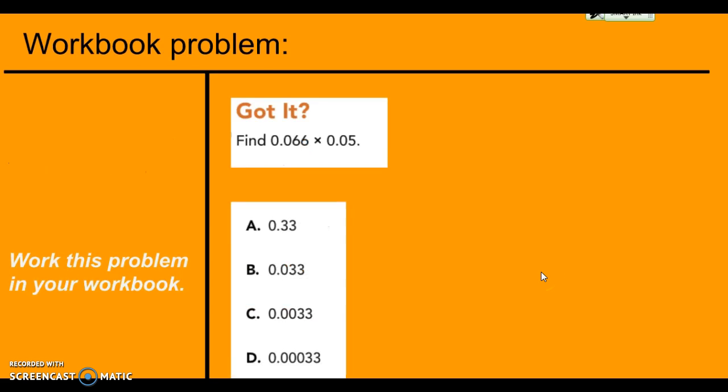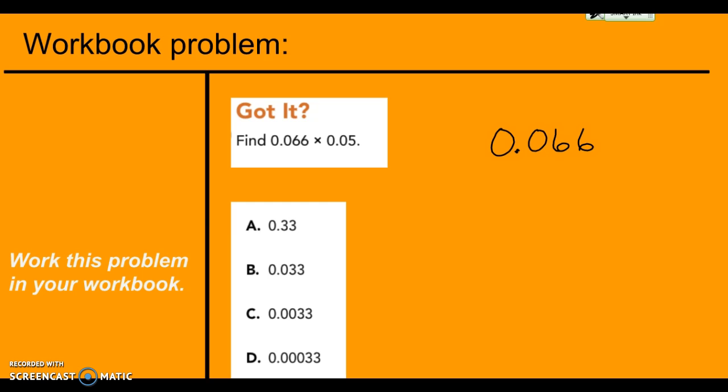All right, this problem can be found in your workbook, so I want you to turn to that page. I want you to write it down over here on the side, line it up correctly. When you write it down, you should have 66 thousandths times 5 hundredths. Oh, I'm sorry, I made a mistake there.